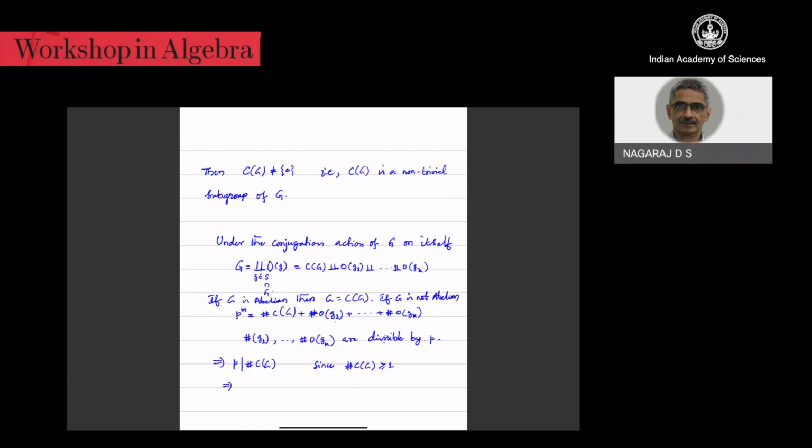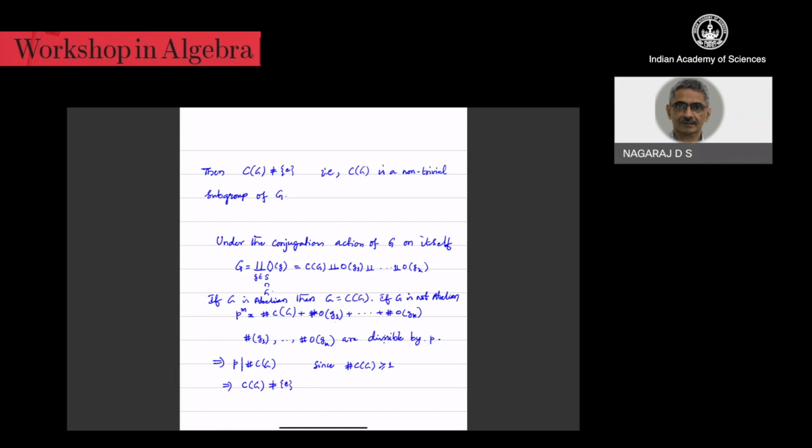If C(G) were just E, then the cardinality would be 1, and p cannot divide 1. So that will say that C(G) is non-trivial.